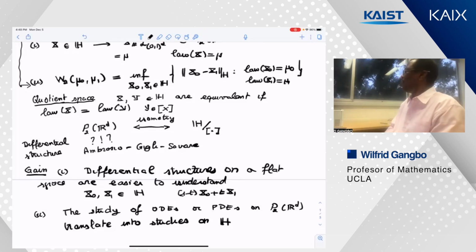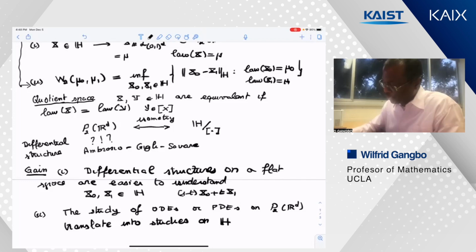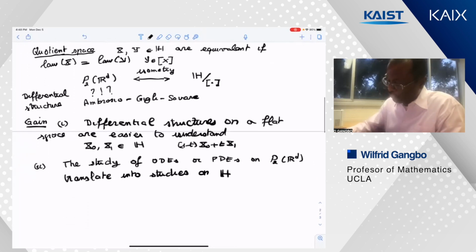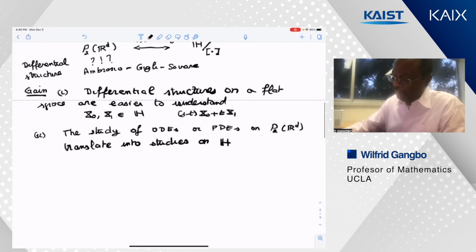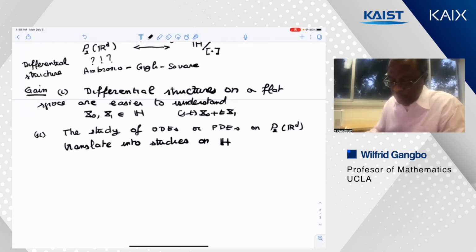So let me recall a definition which most of you are familiar with, but I simply want to be sure that we agree on the same notation.